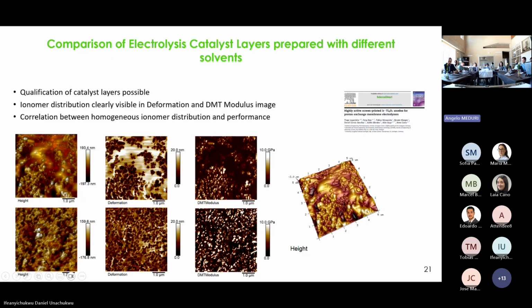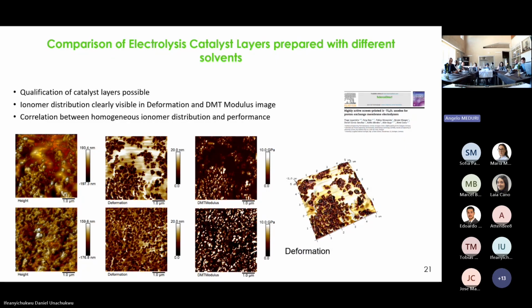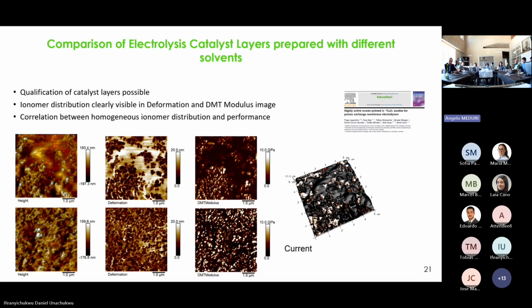You can see that the distribution here is much worse compared to the second, because here much more accumulation is visible. And as AFM does quasi 3D measurements, you can overlay these structures shown on the right, so the height, overlaid with deformation, modulus, and electronic conductivity.